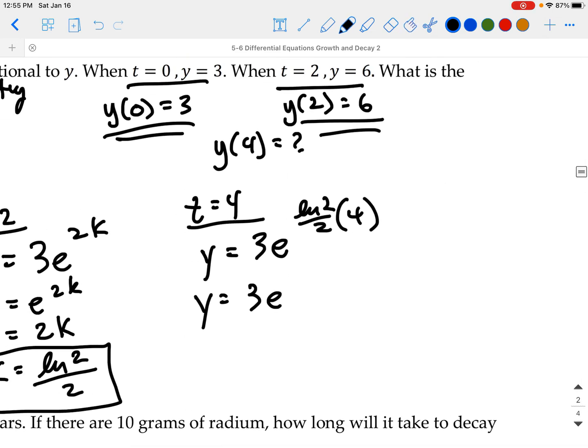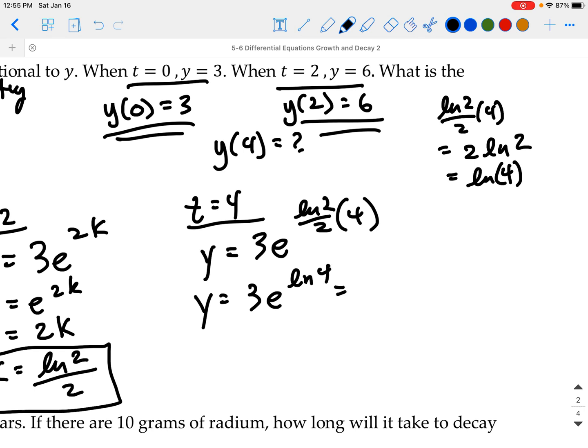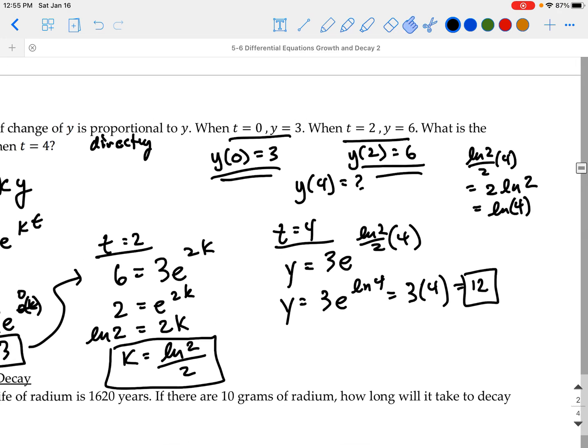So the natural log of 2 over 2 times 4 is equal to 2 times the natural log of 2, since 4 divided by 2 is 2. And then if we use the power property, we can rewrite this as the natural log of 2 squared, which is 4. So note, we can rewrite this as e to the natural log of 4, but that's just 3 times 4, since e to the natural log will cancel out by inverse operations. So we'll get y is equal to 12.